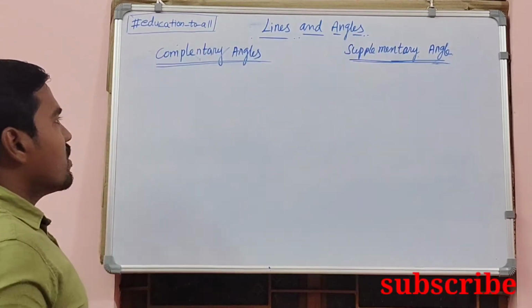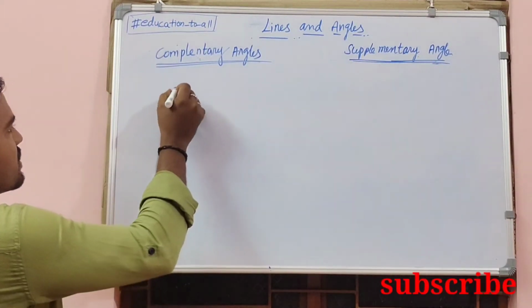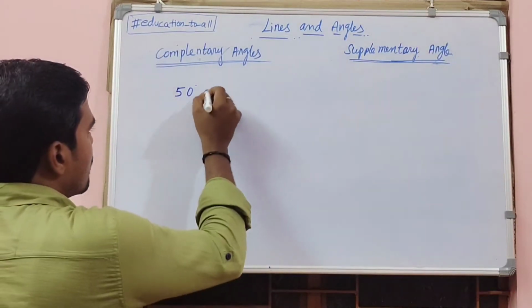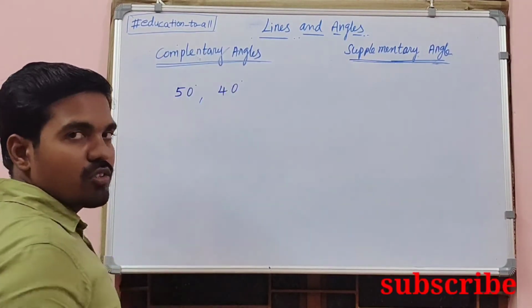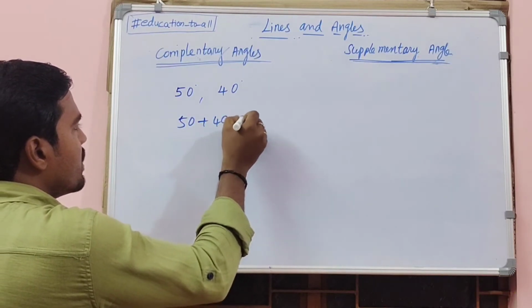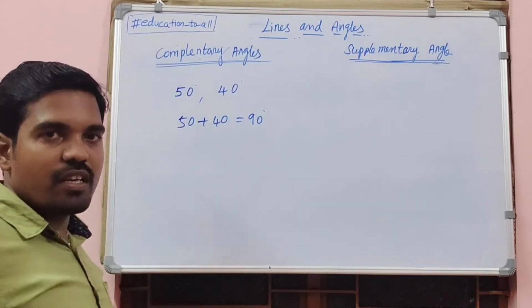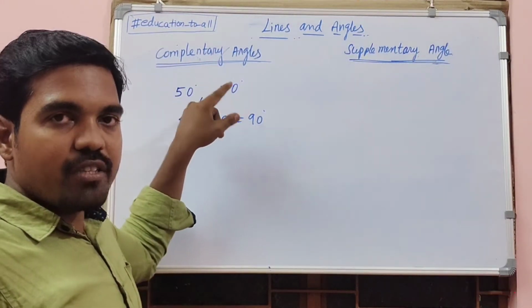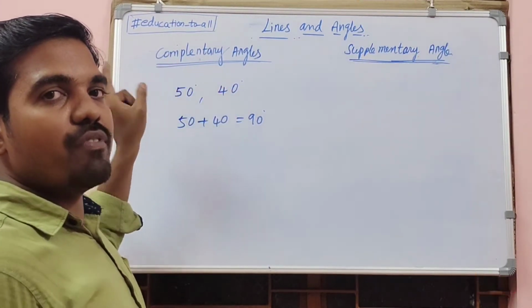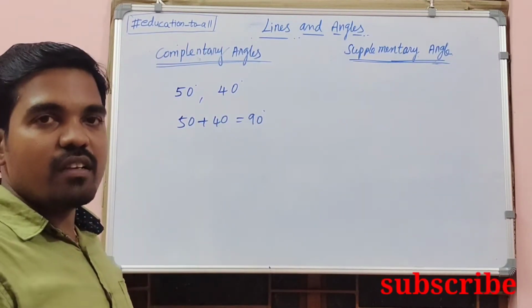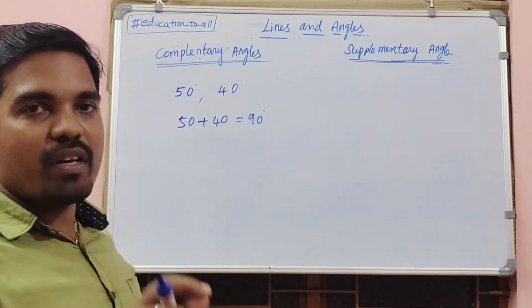For example, let us take 50 degrees and 40 degrees. If we add both angles, 50 plus 40 gives 90 degrees, so 50 degrees is the complement of 40, and in the same way 40 is the complement of 50.